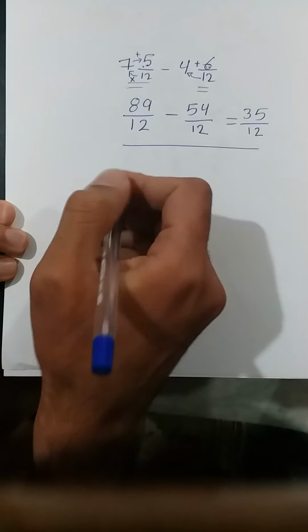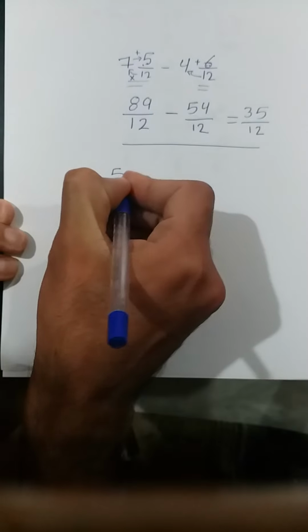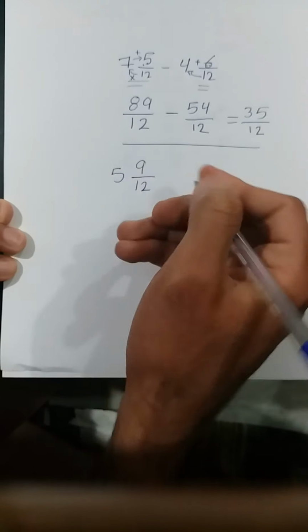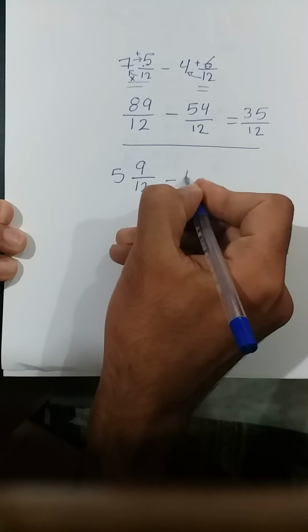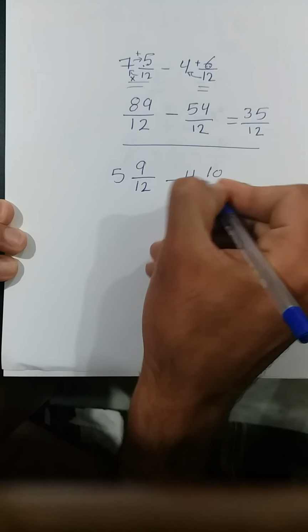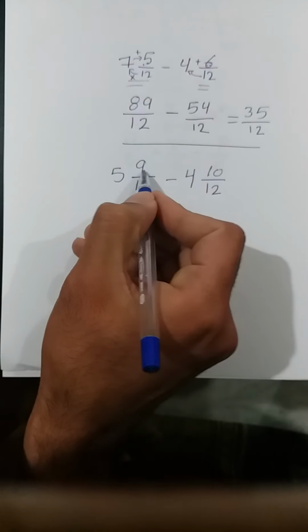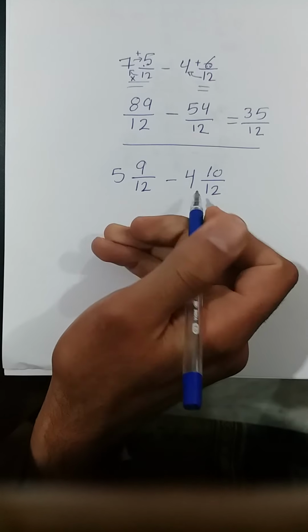The fourth one is 5 9 over 12 minus 4 10 over 12. The same procedure, teacher. 9 is less than 10, so I cannot minus.